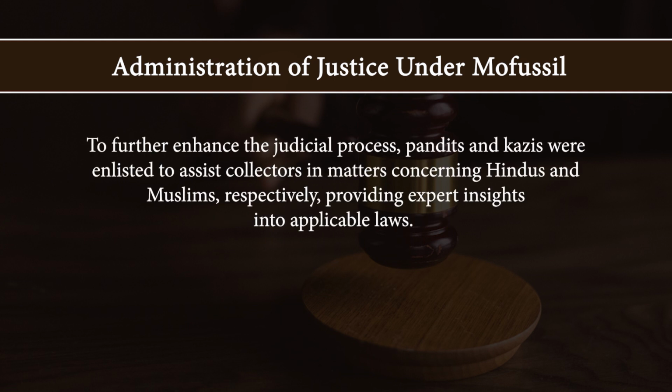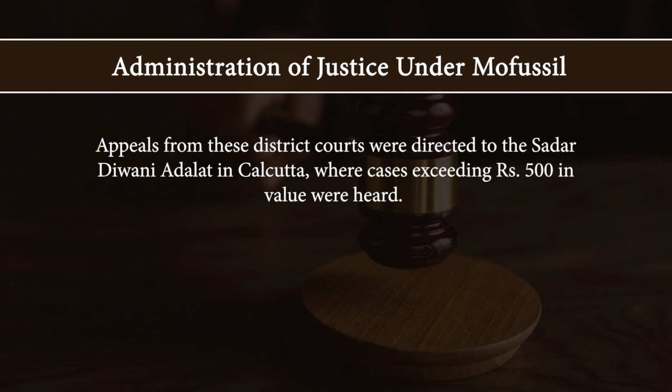To further enhance the judicial process, Pandits and Qazis were enlisted to assist collectors in matters concerning Hindus and Muslims, respectively, providing expert insights into applicable laws. Appeals from these district courts were directed to the Sardar Diwan Adalat in Calcutta, where cases exceeding Rs 500 in value were heard.